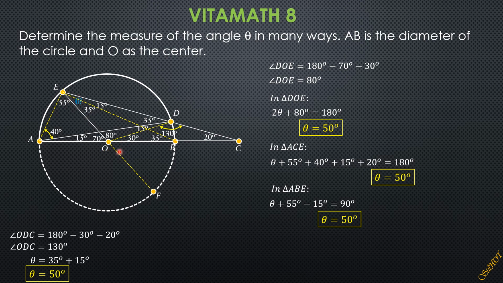But we know this already, this is equal to 70 degrees. So meaning the whole angle here, central angle, which subtends arc DF, which is the same arc subtended at E by theta, should be 2 times theta. So 2 times theta equals 70 degrees plus 30 degrees. Then theta equals 100 over 2. So theta is really 50 degrees.